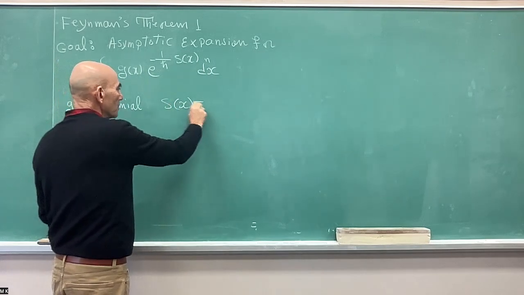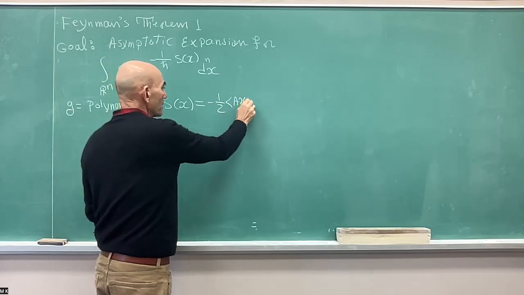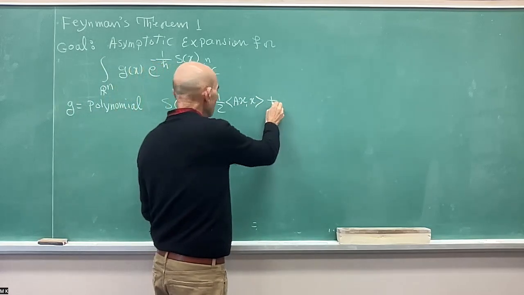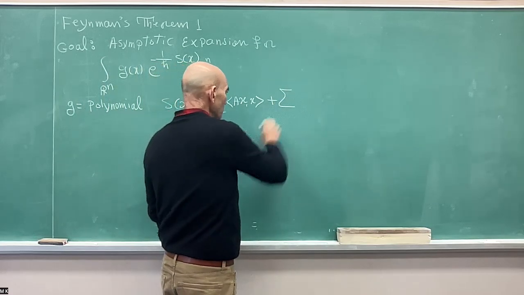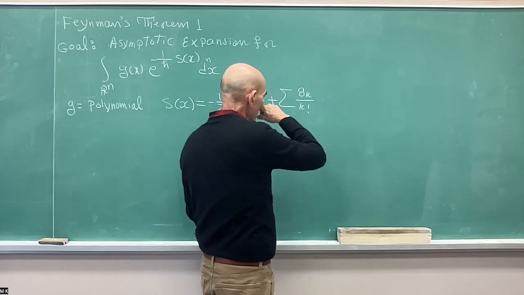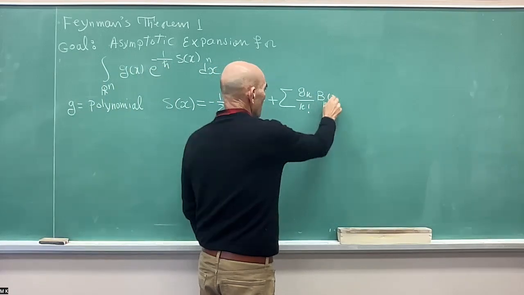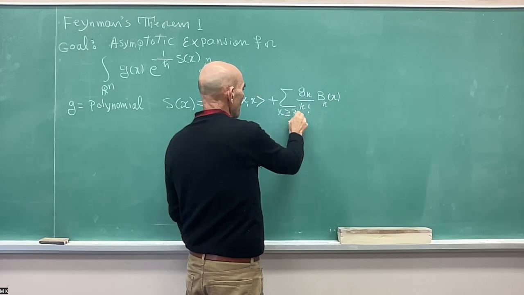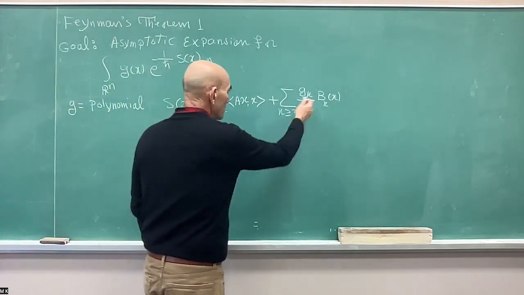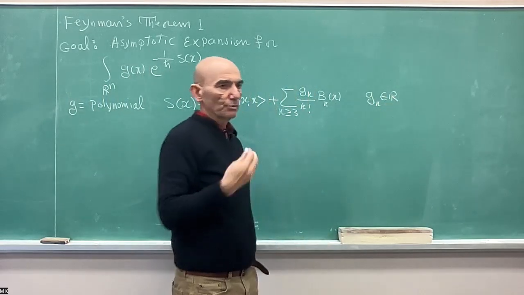S of x is equal to basically minus 1/2 inner product of Ax and x. There is this quadratic part, and then there is a sum of g_k over k factorial times some functions, say just x to the k, for k bigger than or equal to 3, where these g_k can be formal parameters or just constants.